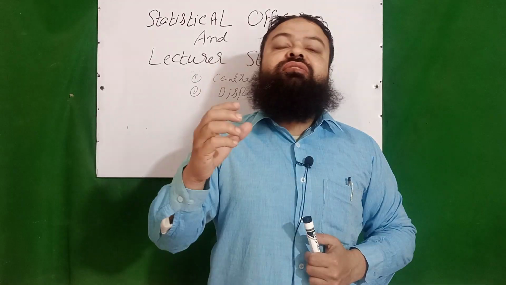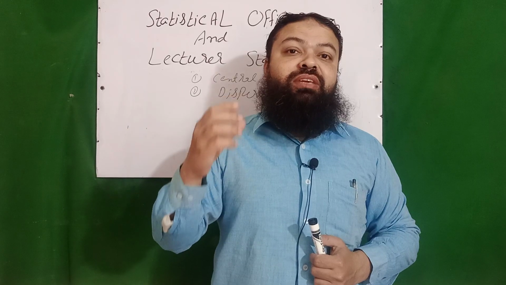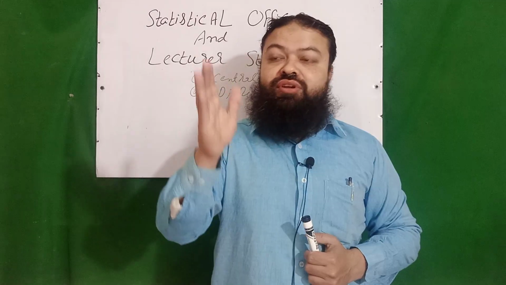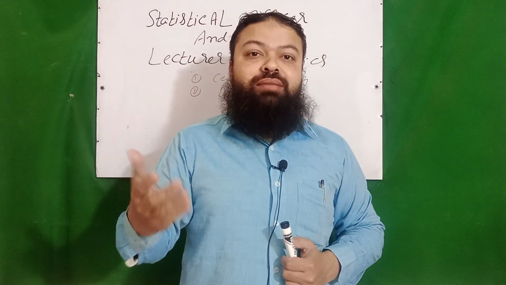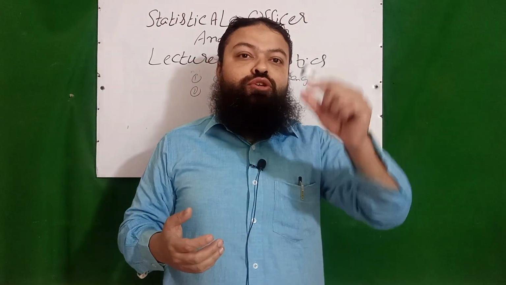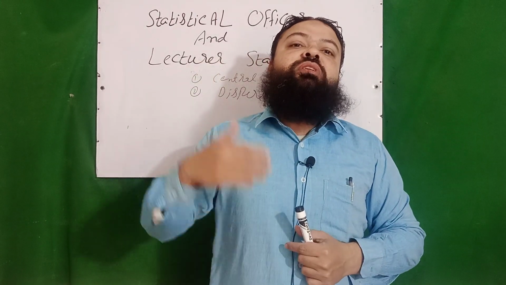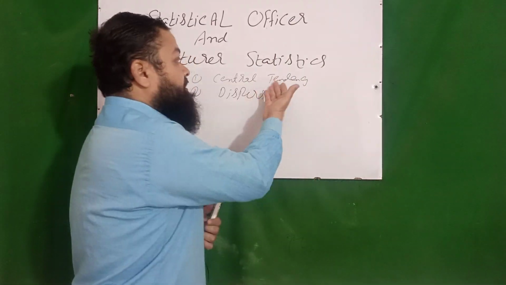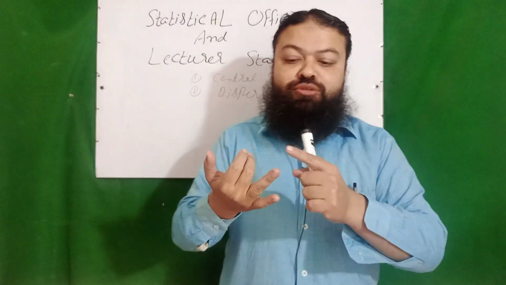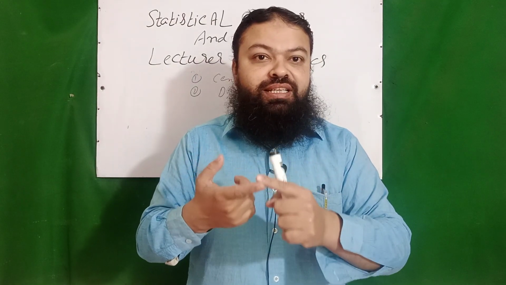In my book I have given many important numerical questions for finding arithmetic mean, geometric mean, harmonic mean. You will see the basic concepts from different books of these properties of arithmetic mean, geometric mean, harmonic mean, median and mode.